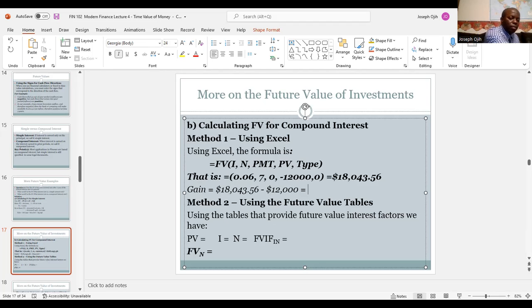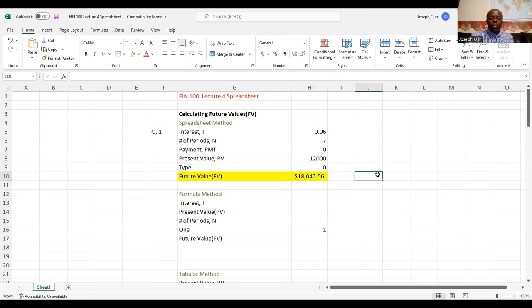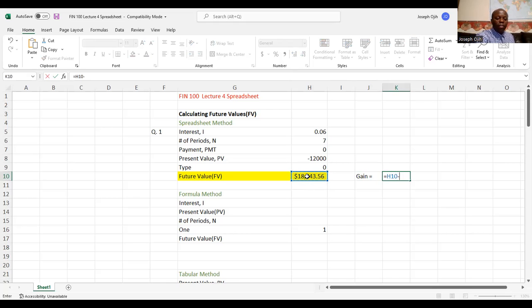So let us put this in Excel. We can calculate it using Excel. Or if you like, you can use a calculator to get it. But since we're using Excel, let's just continue with Excel, so let me type gain here. Now put equal, this is the answer you got here, minus the $12,000 you invested.